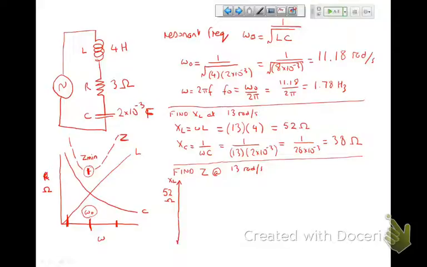I need 38 ohms because that's my XC. And I have 3 ohms. Will you let me cheat a little bit? I want to make that 30, just so that my angle works out, not being 90 degrees. So I'll change my resistance to 30 ohms.